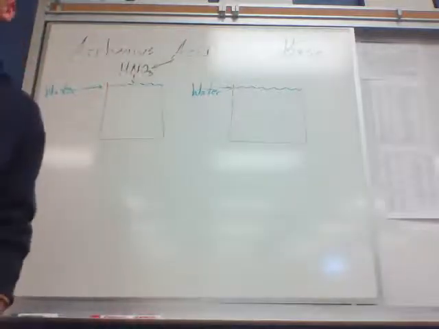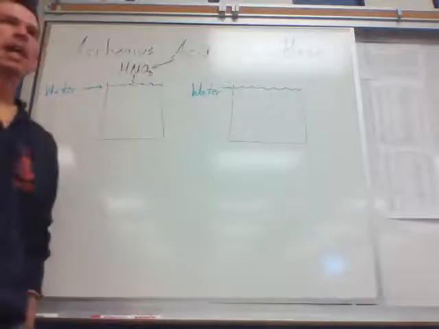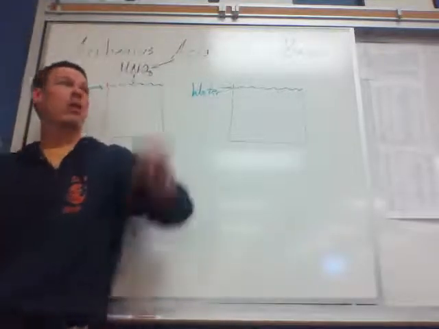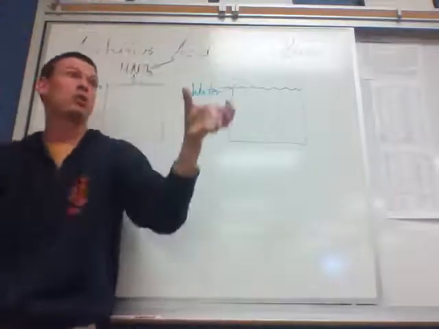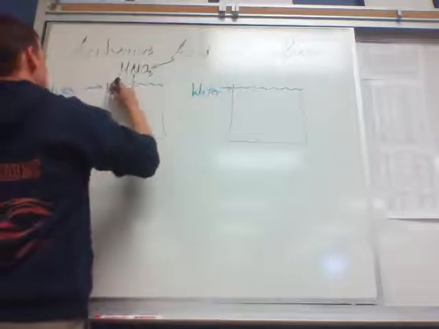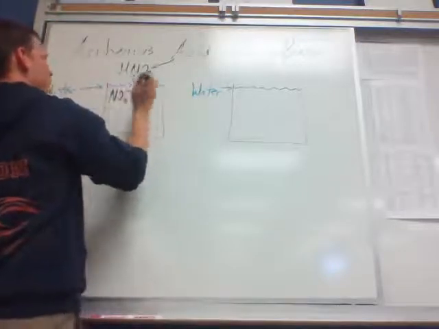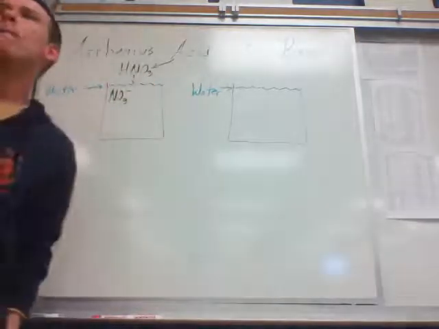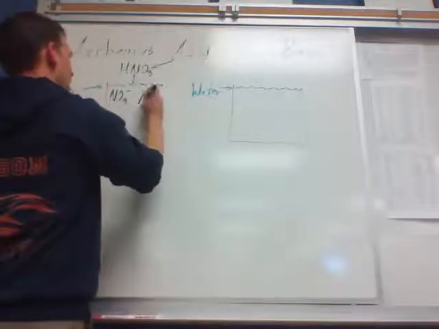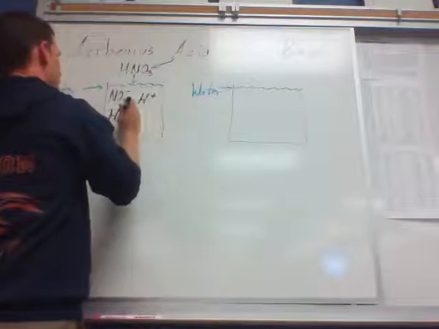An Arrhenius acid when added to water, is going to dissociate. We've done that word before. Dissociation is when the compound breaks into its parts with its respective charges. So when this happens, you're going to get nitrate ions, but more specifically for our focus is you're going to get hydrogen ions.